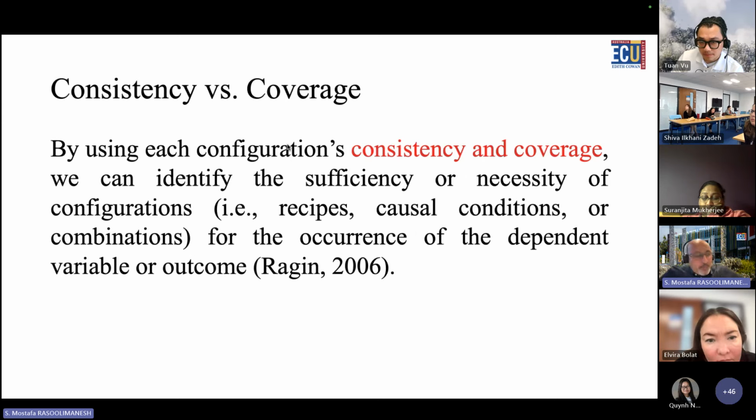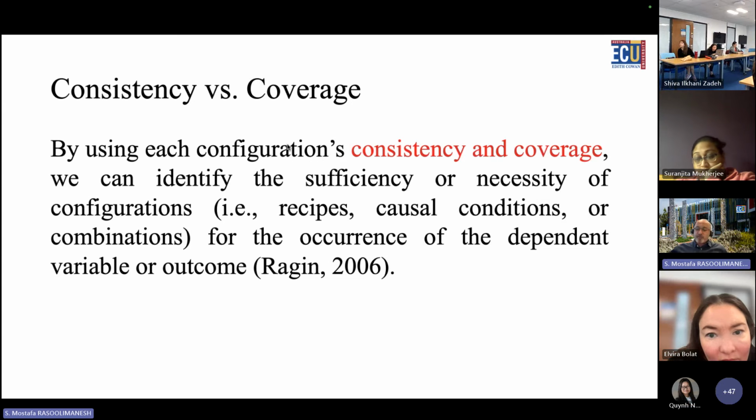The third step is to calculate consistency and coverage of all configurations or combinations of factors. We use consistency and coverage as two main criteria to identify necessity or sufficiency of configurations.